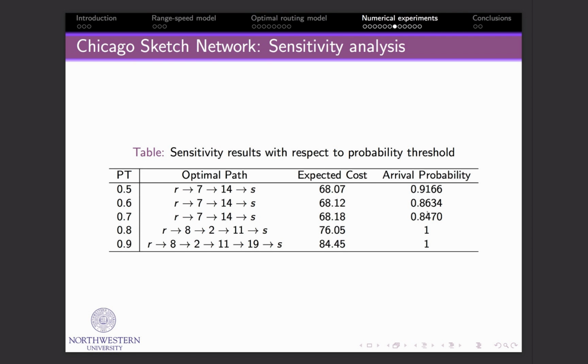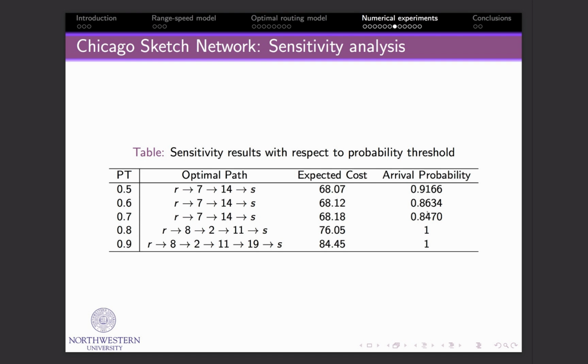As the probability continues to increase, we can see the optimum path has more refueling because some of the paths with probabilities below the threshold are eliminated. So the vehicle needs more refueling to satisfy the probability constraint, and we can see the expected cost increases a lot because of more refueling.